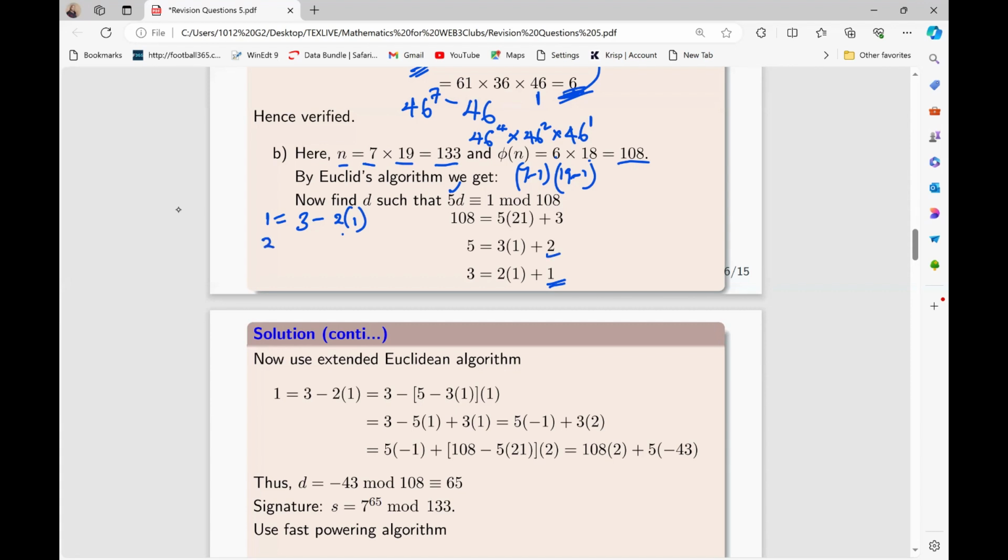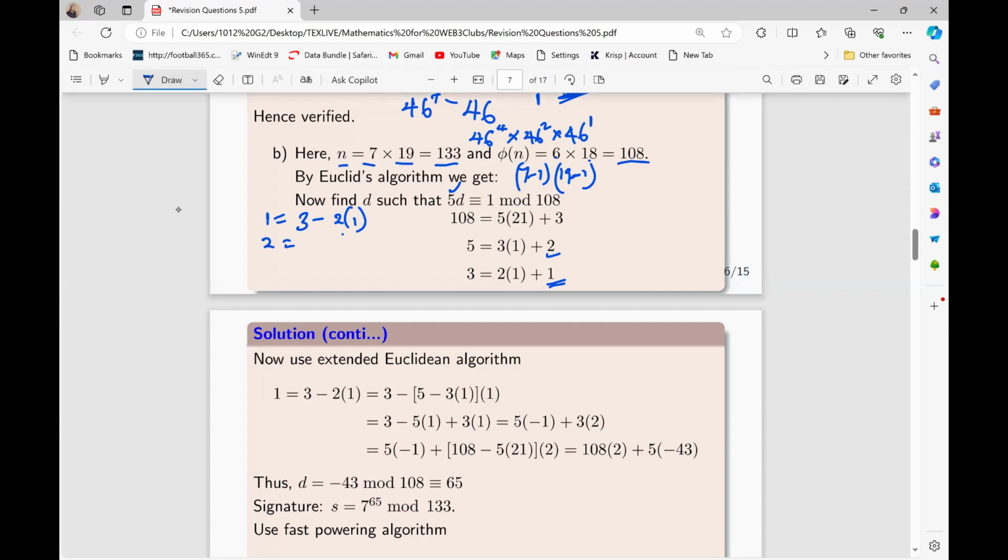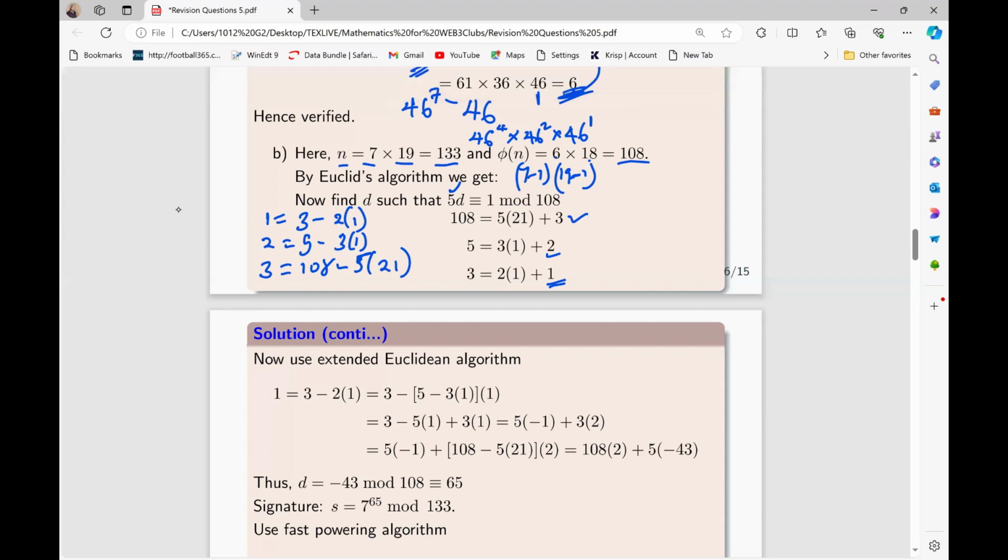And the second equation is telling us that the remainder 2 is 5 minus 3 multiplied by 1. And then the first equation here is telling us that the remainder 3 is 108 minus 5 multiplied by 21. So these are the remainders when I write them on the left side of the equal sign.